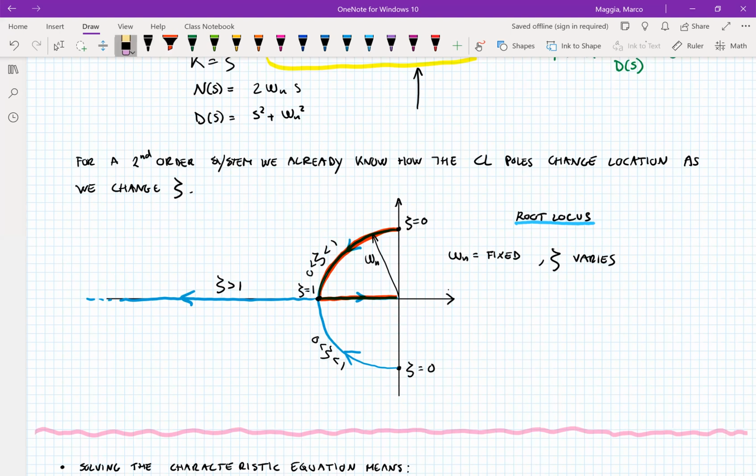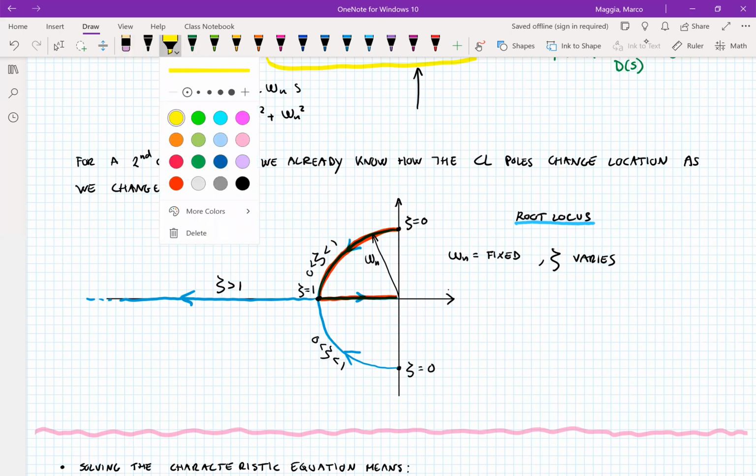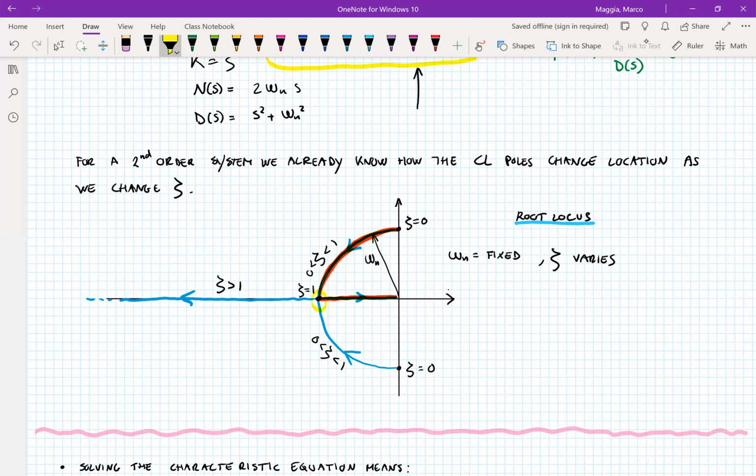So there's only one singularity in which the two branches share a point, and that's when the roots are repeated, the closed loop poles are repeated. But other than that, they cannot both go to the right, or both to the left. That cannot happen.